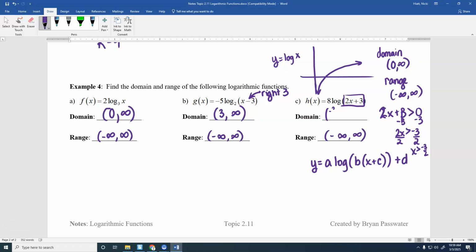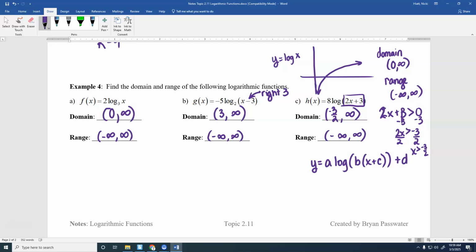I didn't include it on my original. So we got negative 3 halves to infinity. Okay. So if you have a compression and a shift left or right, it's best just to set that greater than 0 and figure out what you have there.